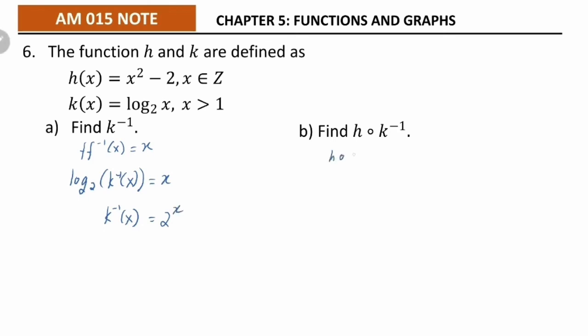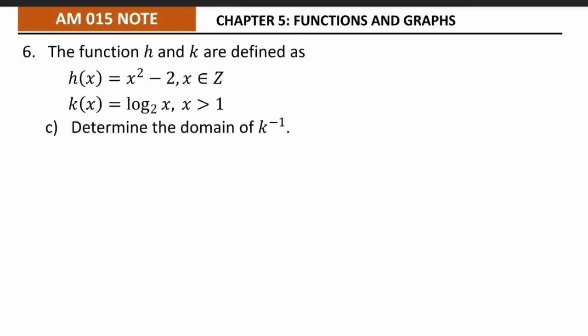Then find h of k inverse. h of k inverse, and k inverse is 2 power of x. h is x squared, x is now 2 power of x, minus 2. C. Determine the domain of k inverse.